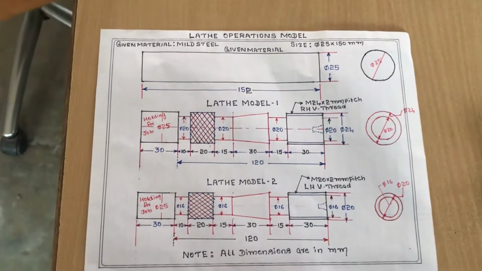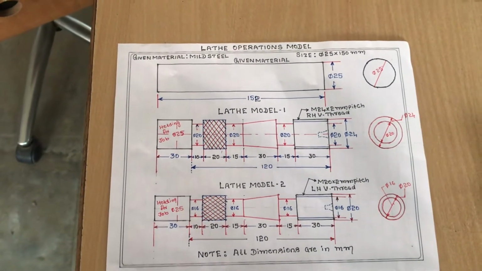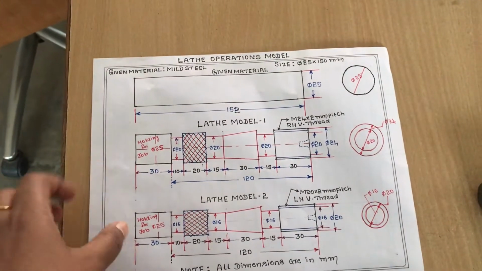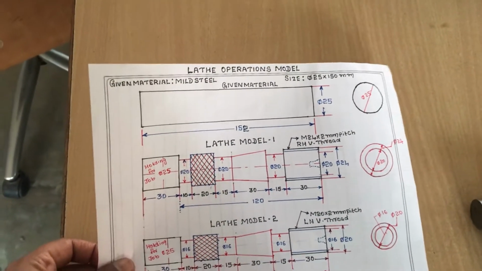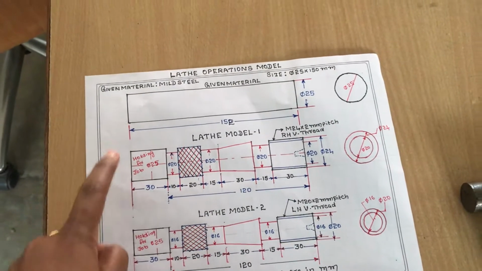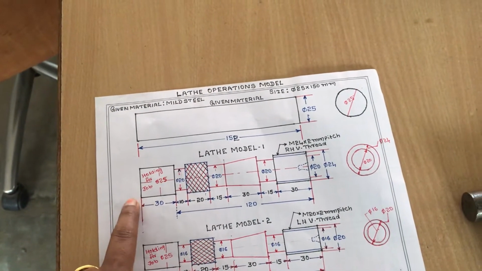Now how do you know what operations you have to do when a specimen is given to you? Usually with the specimen you will be handed a diagram, or what you call a model diagram, and you're supposed to hand over your specimen after doing all these operations.